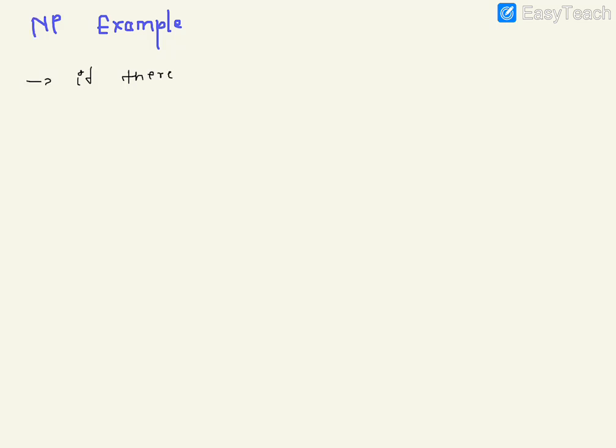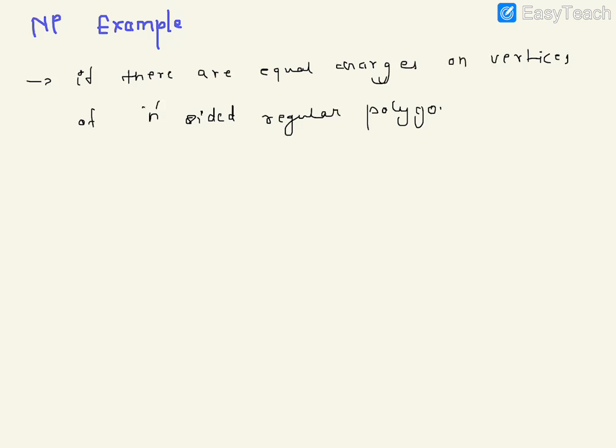If there are equal charges on the vertices of an n-sided regular polygon, then there will be n+1 neutral points.